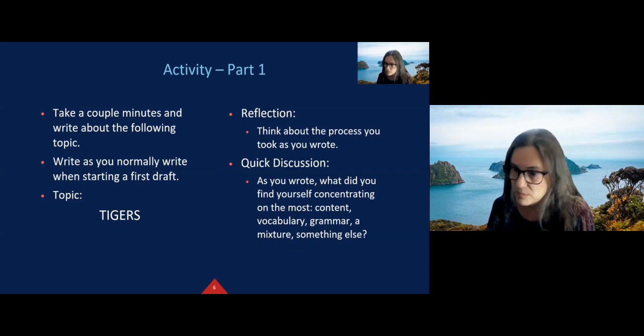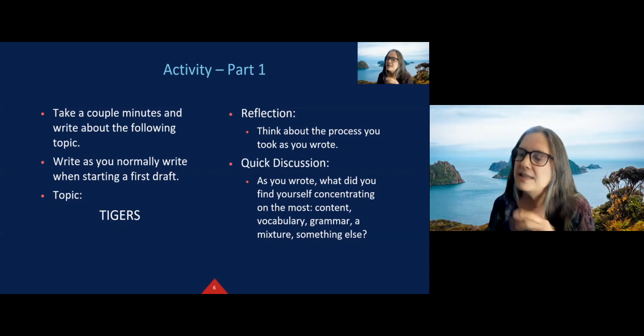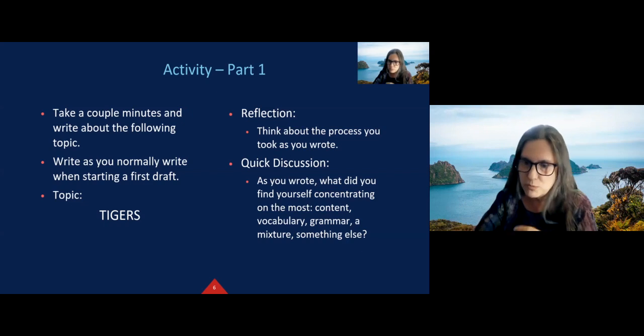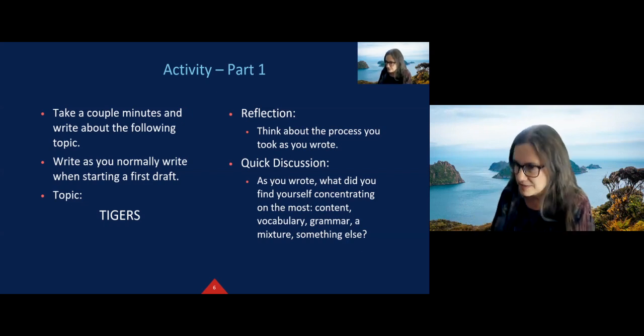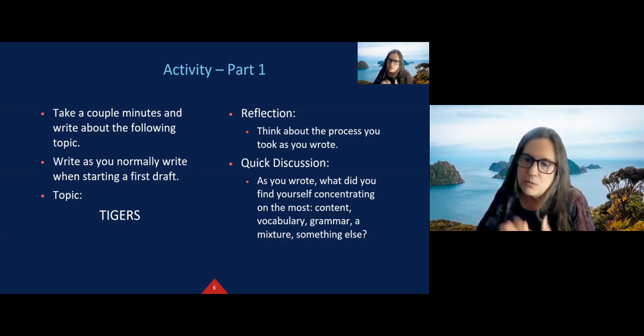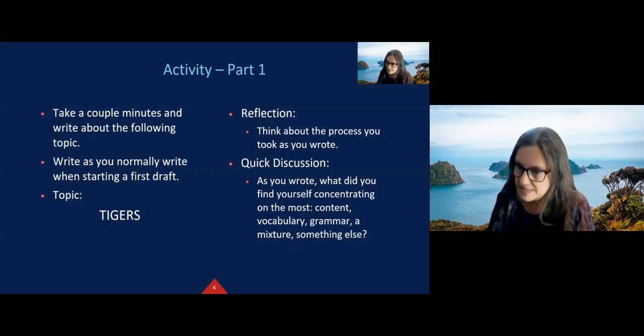It's not the first language we spoke and learned, but even if English was our first language, if we're learning the language of a discipline, or we're growing in terms of sophistication, like now we're in a doctoral program and the way we have to express ourselves is very different from how we might have done it as an undergraduate student. So there are some things that can sometimes interfere with fluency or flow.